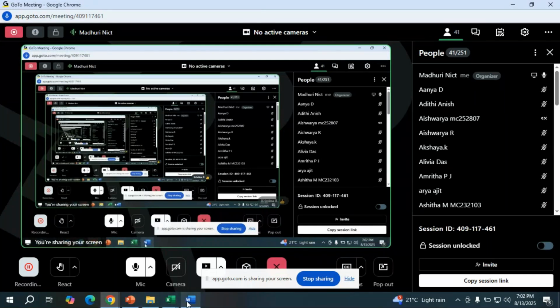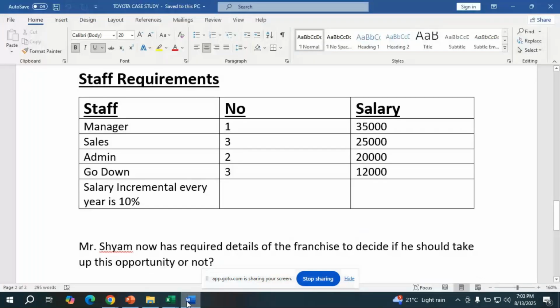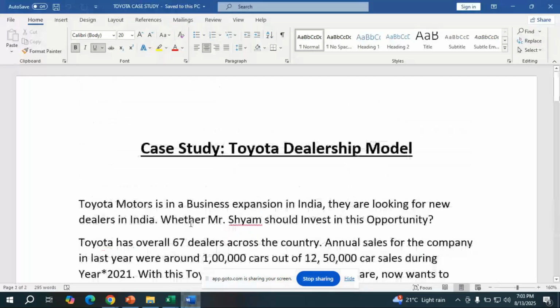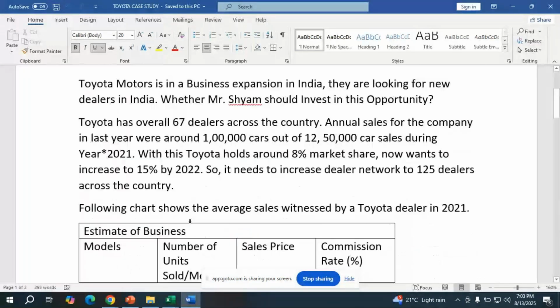See here, we have the Toyota case study. It's a dealership model which we are going to discuss. Toyota Motors is in a business expansion in India. They are looking for new dealers in India. Just as we did with the Bangalore Cafe pharmacy, where we opted to take a franchisee and start up a franchisee selling medicines, here also it is the same way.